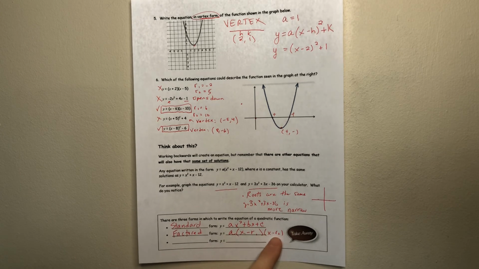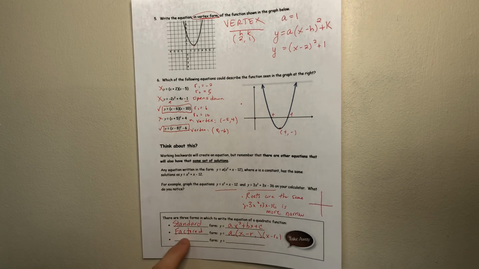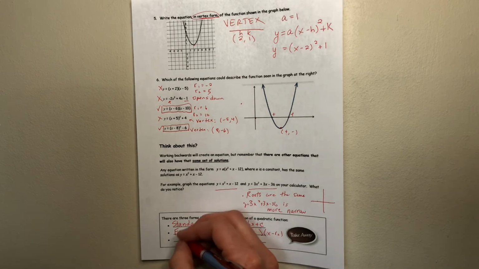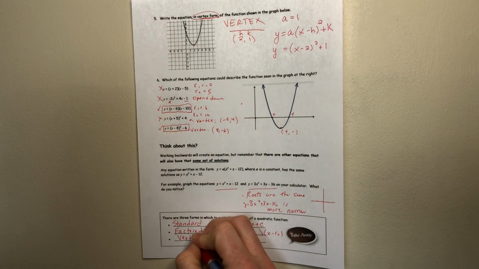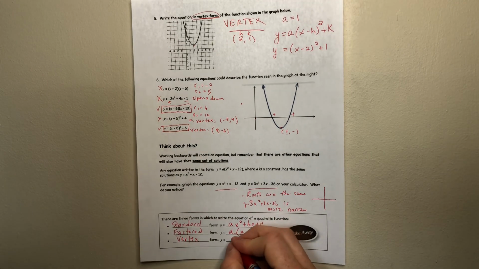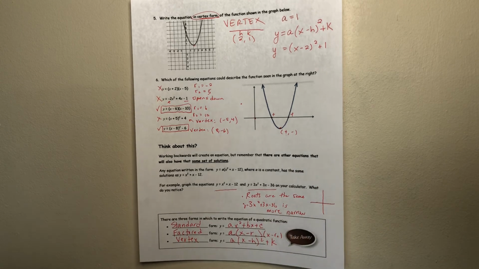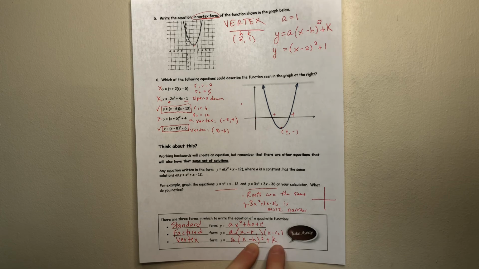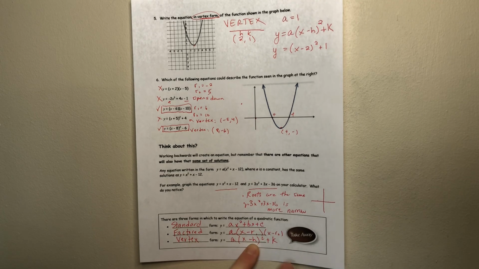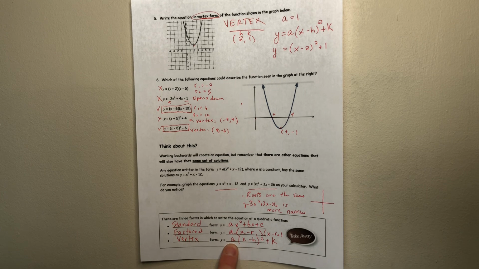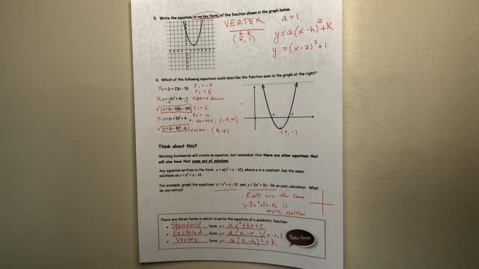Remember, not all quadratics are factorable, so this is not always helpful, only when it is easily factorable. And the last one is called vertex form, and that is my a(x minus h) squared plus k. And I like this form if I'm looking for the vertex, or if I have the vertex, I can write it in this form. And again, that a value tells me if it's going to be narrow or wide, and tells me if it's going to open up or down.